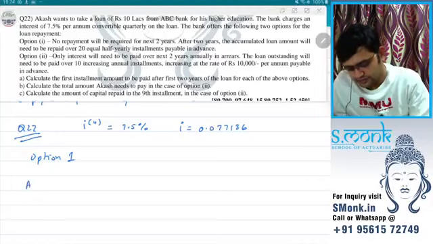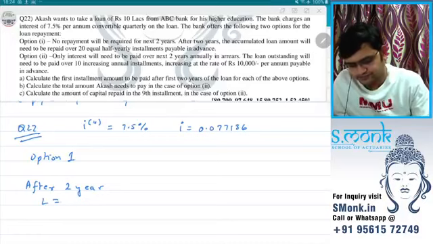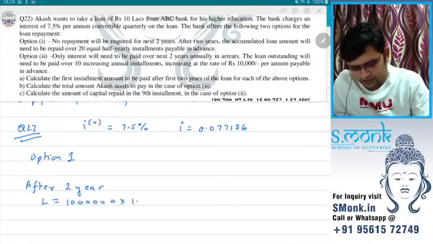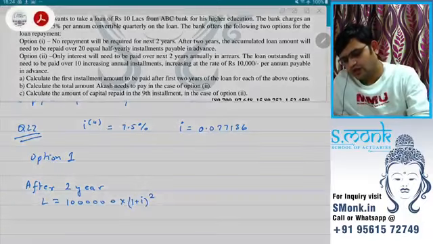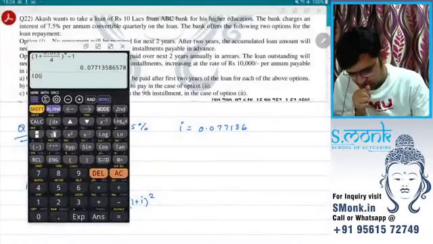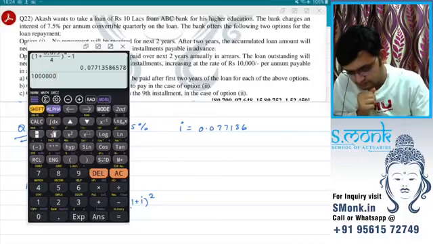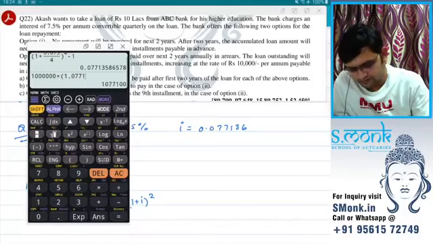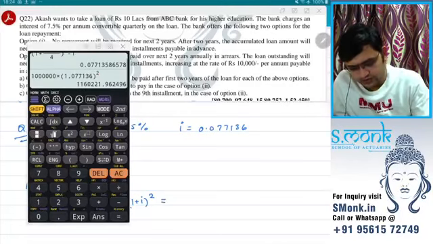So we can say after 2 years, loan outstanding will be equal to how much? 10 lakhs into 1 plus I raised to 2. So this will be the loan outstanding.